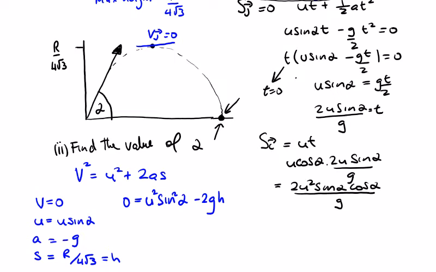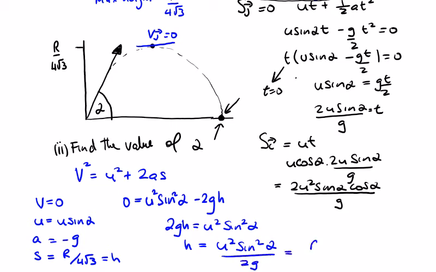We leave it at h for a minute, and then we'll equate it to R over 4 root 3 when we simplify it down. So we're going to get 2gh is equal to u squared sine squared alpha. So h is equal to u squared sine squared alpha over 2g, and that's what's equal to R over 4 root 3.